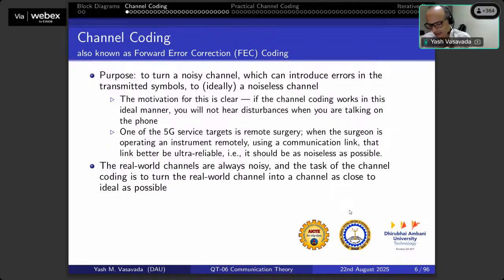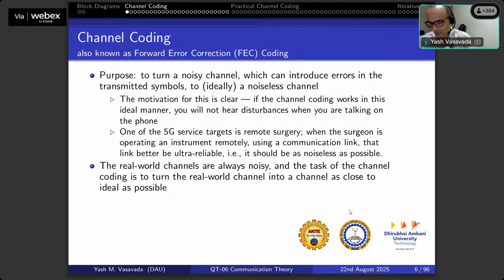There are many other examples. Some are mission critical examples. Some are even finance or industrial automation related examples where the accuracy of the messages that are being transmitted is paramount.